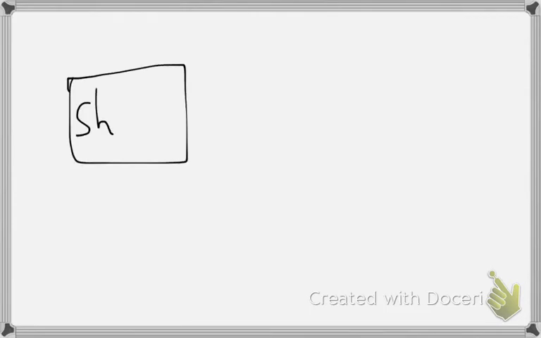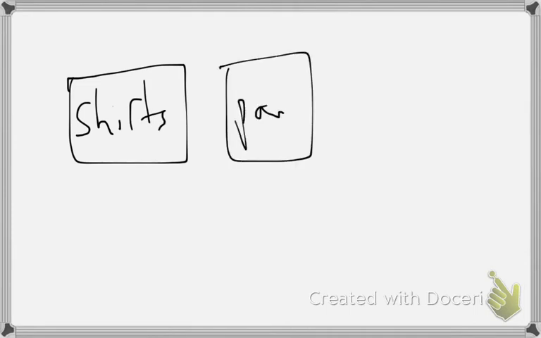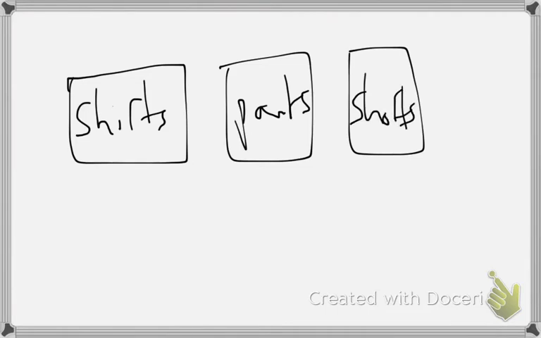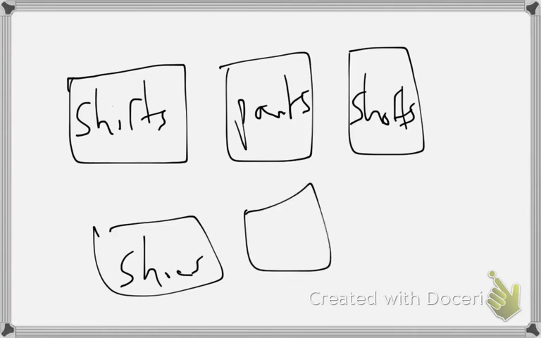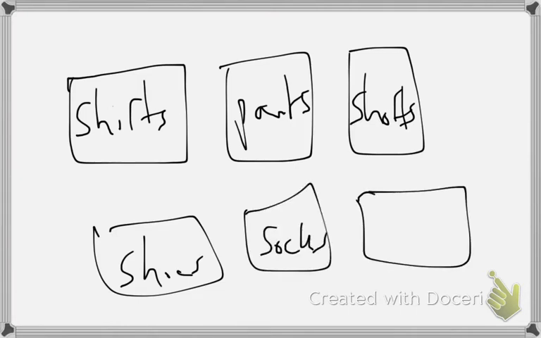So I always say that my favorite thing to tell students to do with this is go into your closet, figure out however many shirts you have, however many pairs of pants. Maybe you want to break it down even further, shorts. And then you've got your shoes and your socks and your underwear. All your different items.